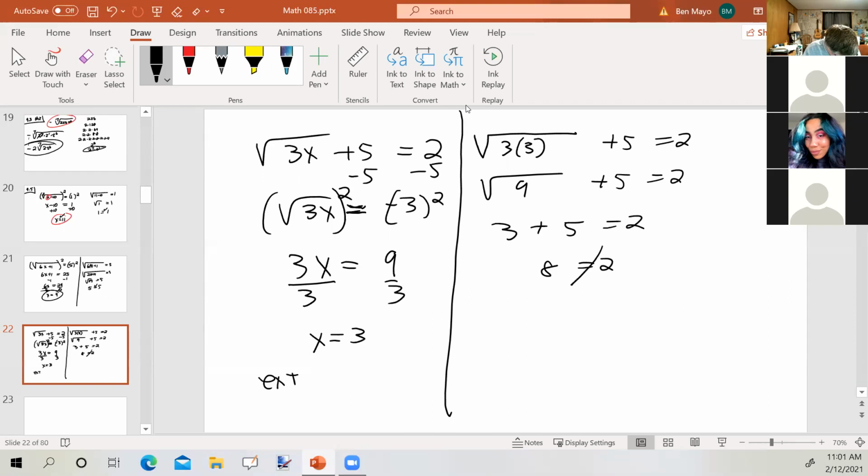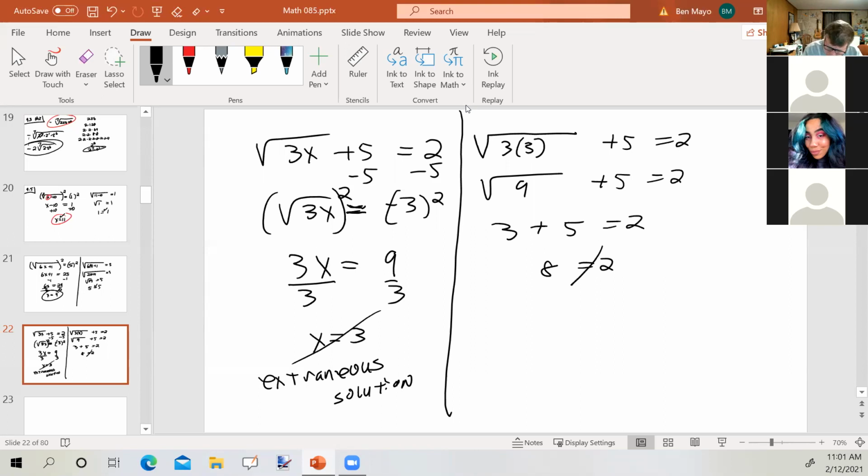Now, when we square both sides of an equation, sometimes we get a solution that is invalid. But I believe what WebAssign will ask you to do is they'll ask you to solve it, check your work, and then you'd say, oh, this is an extraneous solution, and it doesn't work, okay?